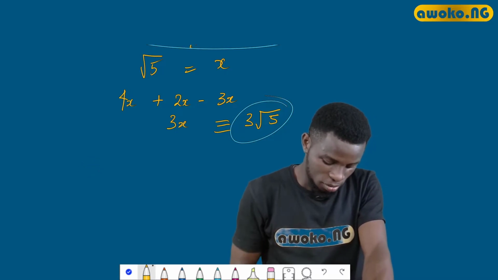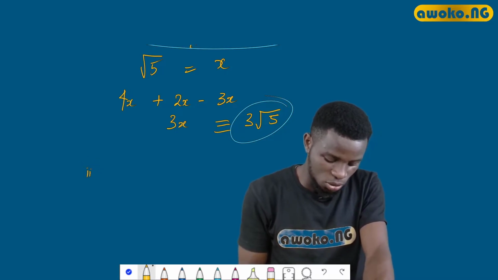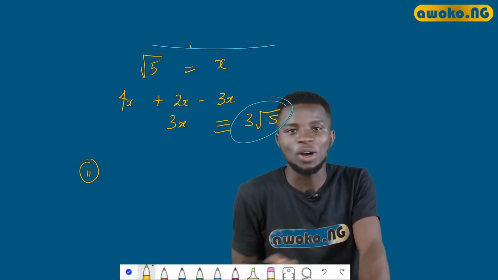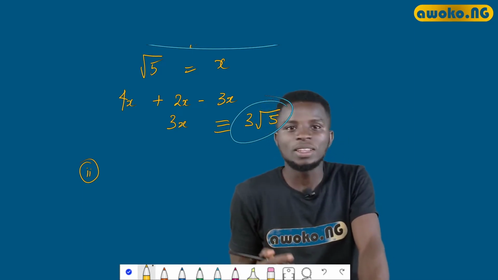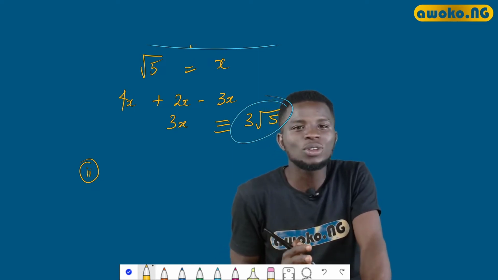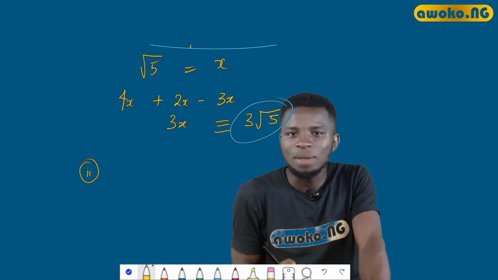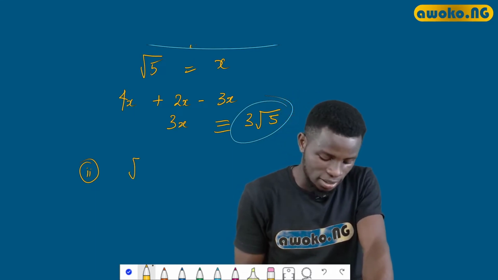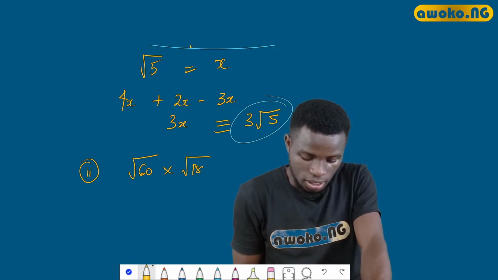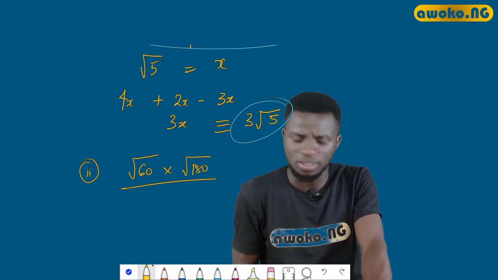Okay, and make sure you're solving this with me so that we'll know that we are on the same page. All right. So the next question is to find the square root of 60 times the square root of 180 all over the square root of 75.